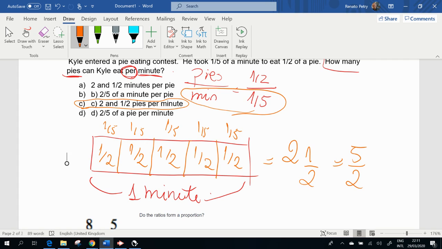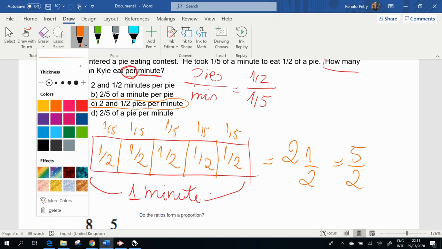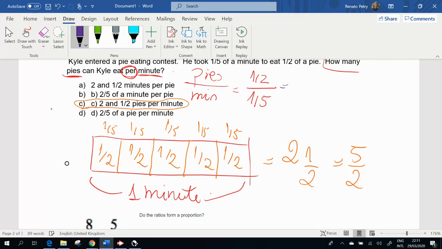But is there a way that I can solve it algebraically without making any drawing? Yes, you can. If my ratio is 1 half for every 1/5 of a minute, what I have to do is just divide a half by 1/5.